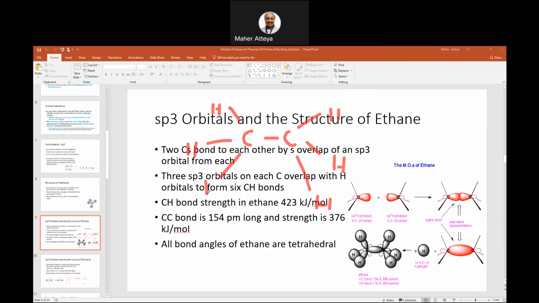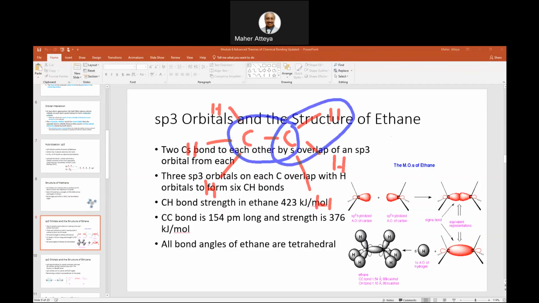So you have two types of hybridization or overlap of bonding. One is between carbon and carbon, and the second is between carbon and hydrogen. Let's change the color. This is the first one, and this is the second one.